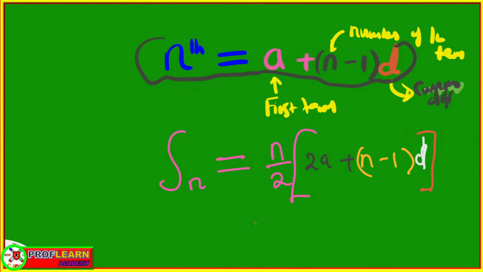So maybe you are given a sequence 2, 4, 6, and you are supposed to find the sum of the first 20 terms. If we are saying the first 20 terms, that implies that our n is 20. Our first term is 2. The common difference is the difference from one term to the next. What are we adding or what are we subtracting? Because now we are talking of an arithmetic sequence.